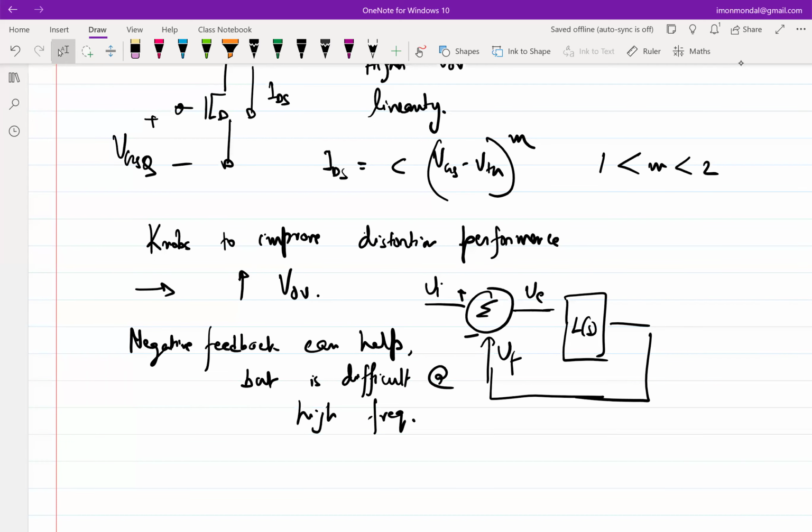Which essentially means that if VI is something like this, your VF, instead of being exactly in phase, will be probably something like this, which means that you are subtracting two sinusoids which are out of phase, which means VE will also have a swing.